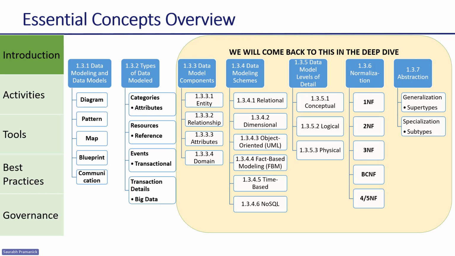Sometimes you might think that data modeling is only associated with database design. But if you take any of your systems or technology architectures, data architecture will be part of it. And within the data architecture, you need to understand what kind of relationships there are. That is nothing but your data modeling.